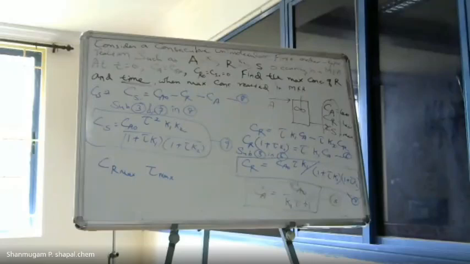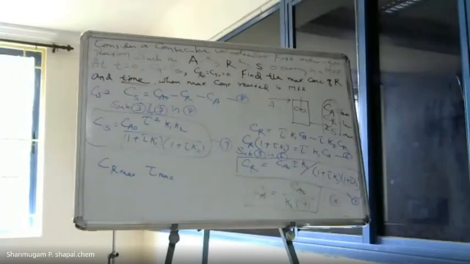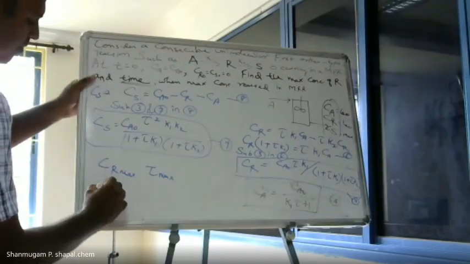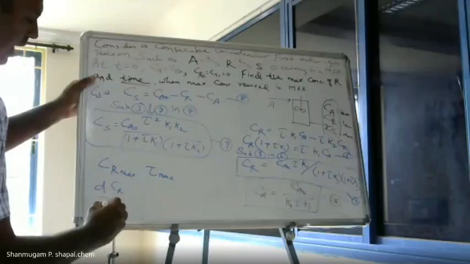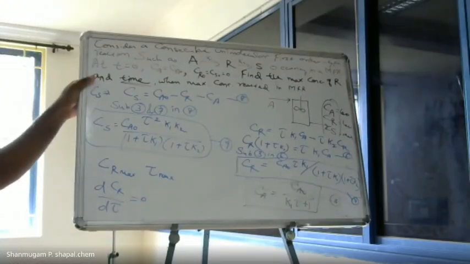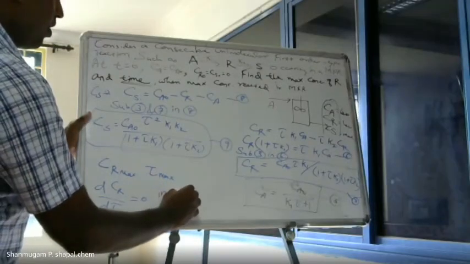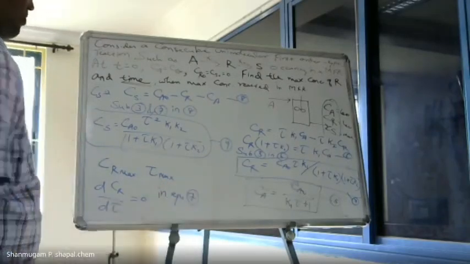To find CR max and tau max, it's very simple, you need to differentiate the CR. That means dCR by d tau has to be 0, which you have to do from equation 7.